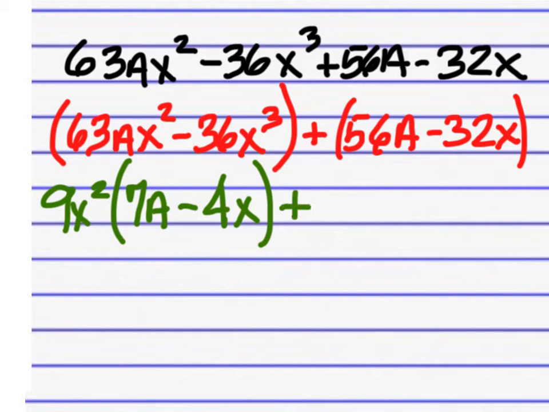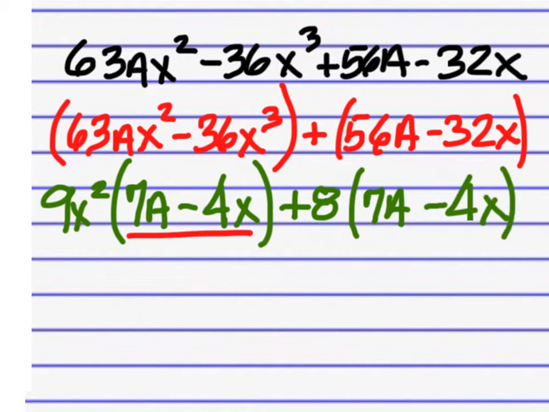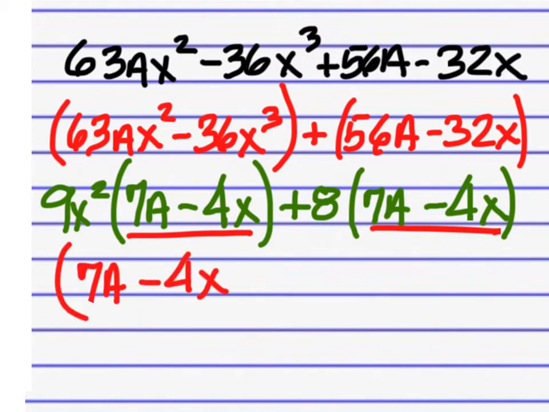What is the highest number that comes out of 56 and 32? 8, yes. And nothing else will come out, so that leaves me with 7a minus 4x. So we have the same quantity in both places. That gives us 7a minus 4x and then 9x squared plus 8.